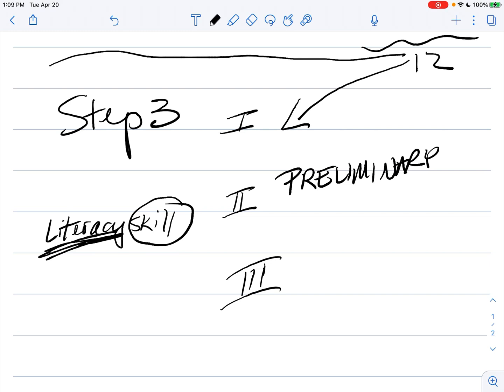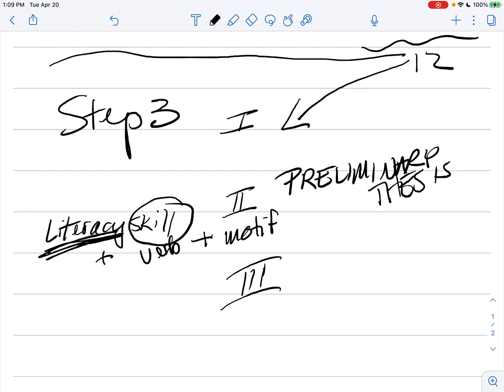That's going to be the subject of my preliminary thesis. Then I'm going to have a verb. What does that literacy skill do? And then I'm going to have what motif I focused on. Okay, that was the whole point of that chart in part 2 of step 2. So that was the whole point, to sort your answers so you could put them into a sentence form.